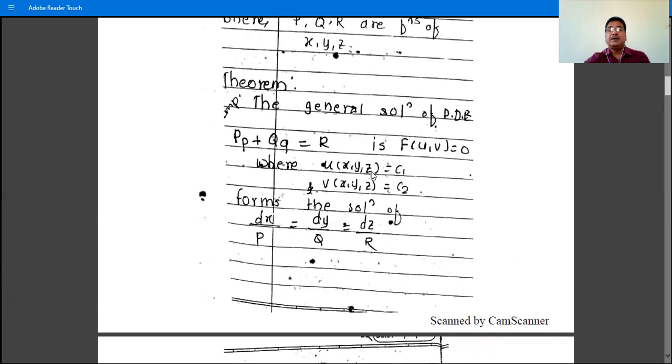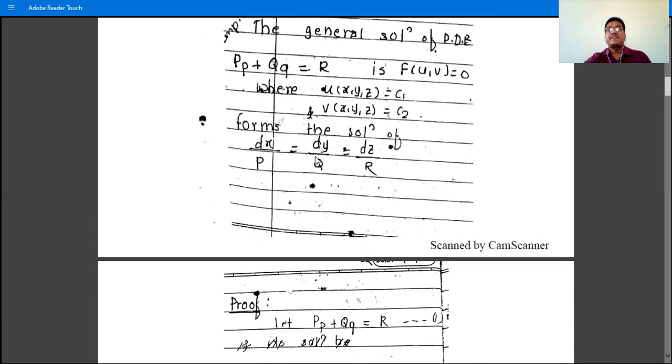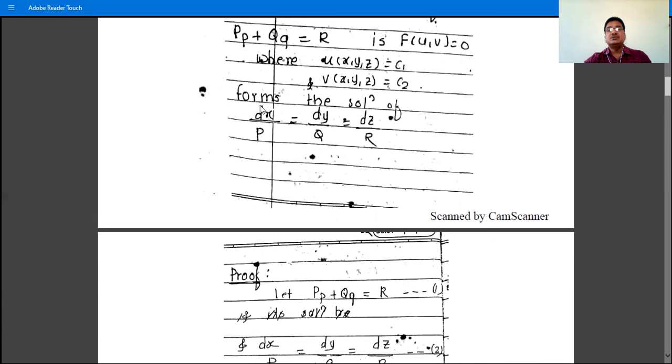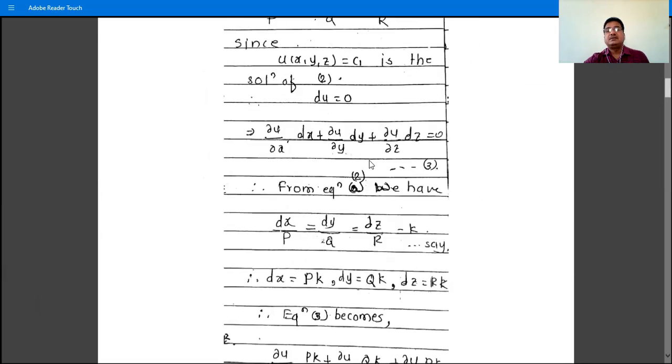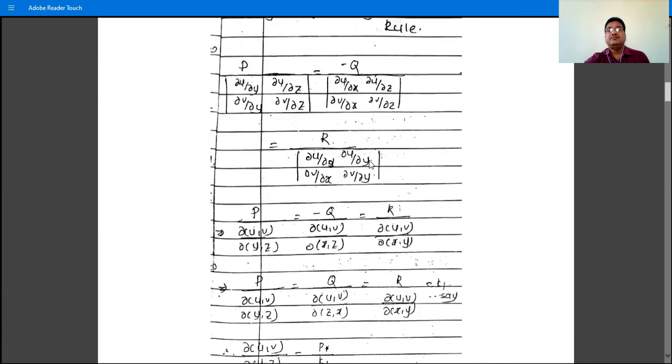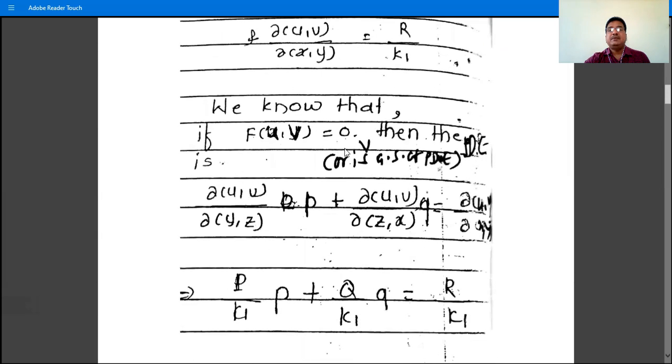So in order to find the general solution of a Cauchy linear differential equation, we have to find the two solutions of the differential equation of the form dx/P = dy/Q = dz/R. From the previous topic, if f(u,v) = 0 is a given solution, then the corresponding partial differential equation is this.